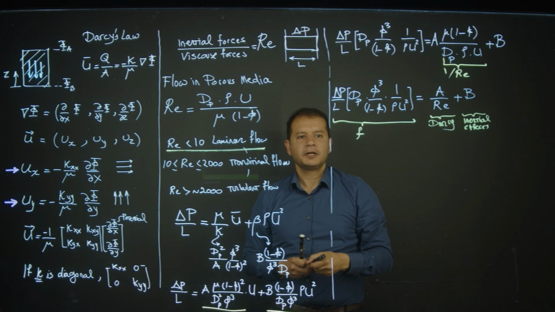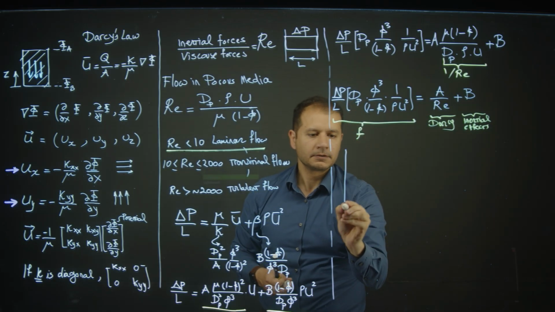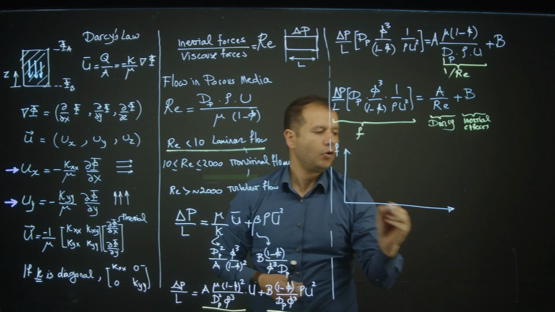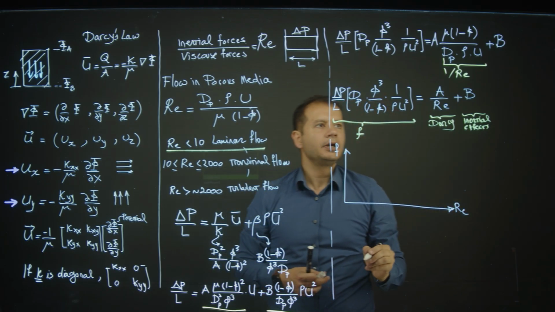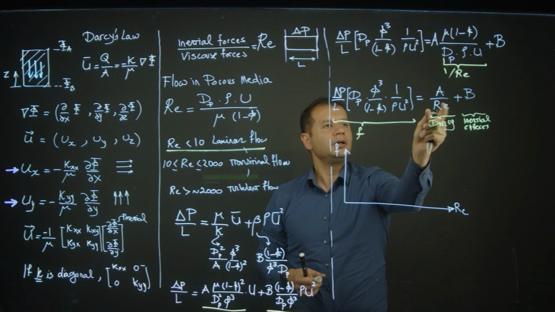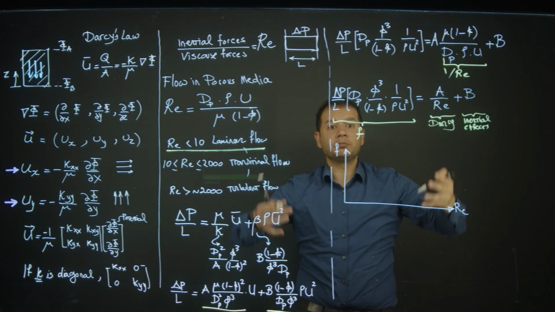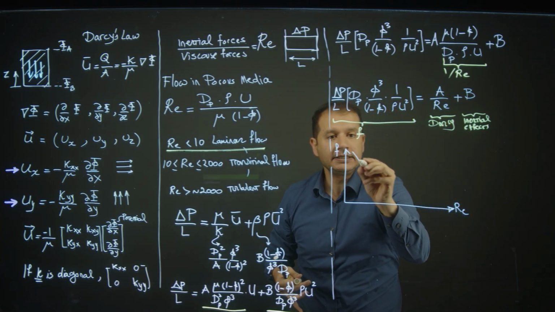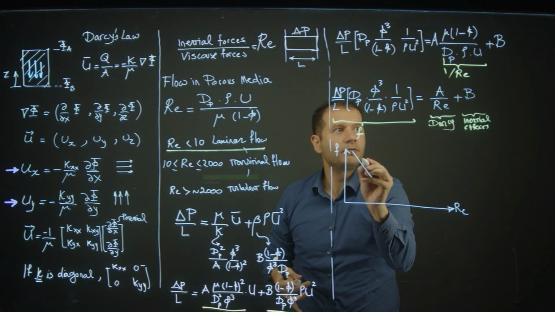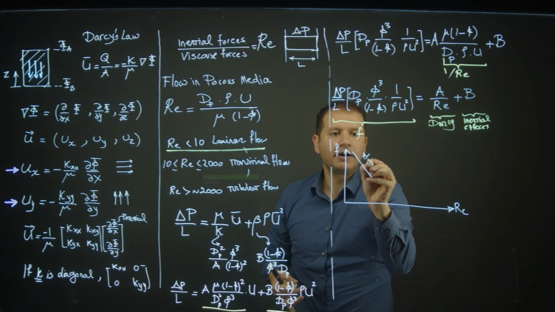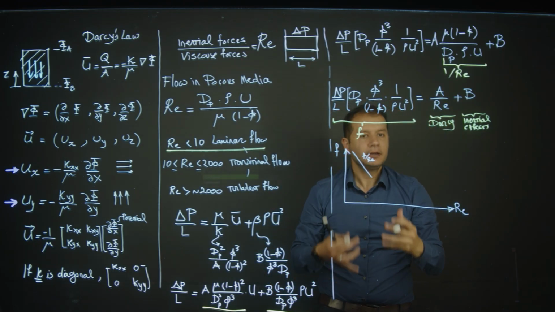Which means when I plot the F factor over different Reynolds number, I do see at the beginning that when Reynolds is small, 1 over Reynolds becomes big, so that first term dominates the flow. So I see a linear with a slope of minus A, because this is A divided by Reynolds, which mainly dominates.